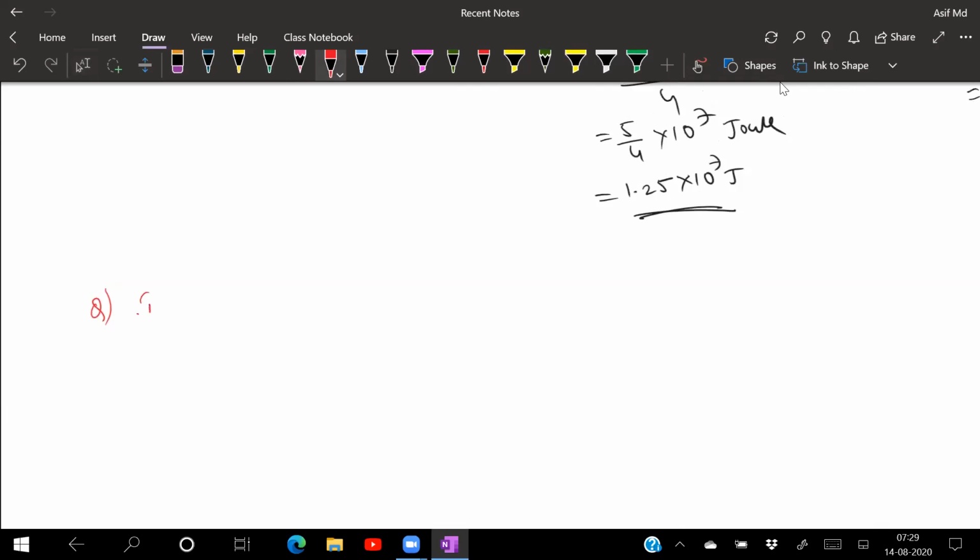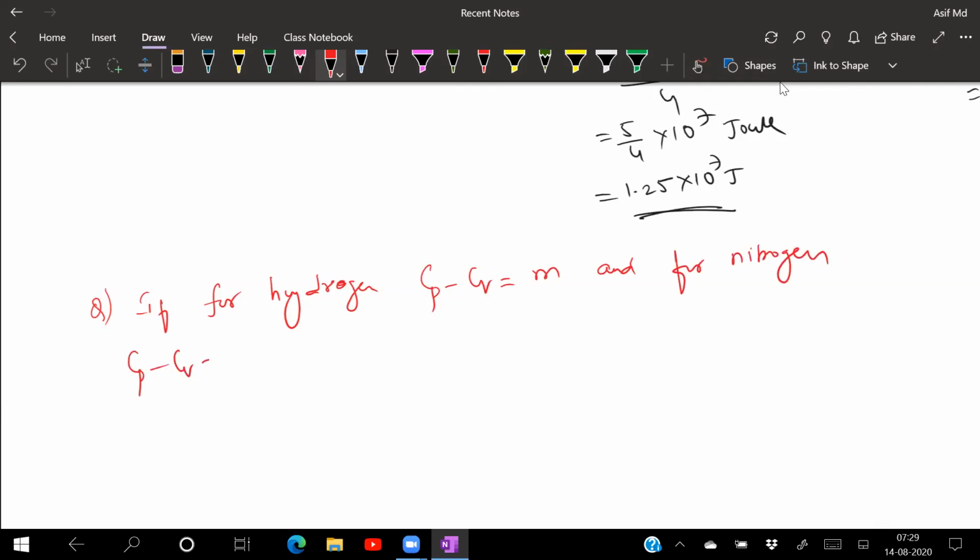Now see, this question is very important, beta. For hydrogen, Cp minus Cv is equal to m, and for nitrogen, Cp minus Cv is equal to n, where Cp and Cv refer to specific heats per unit mass.